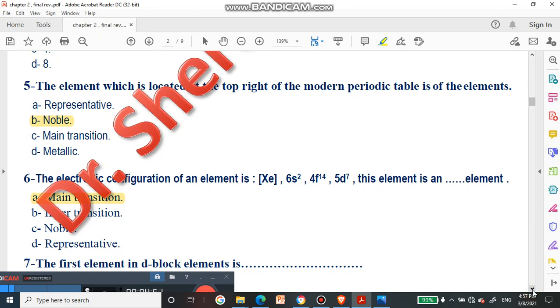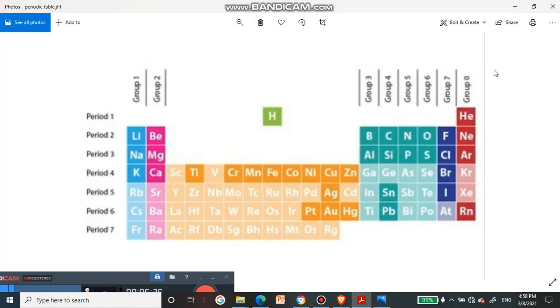If we are talking about the periodic table from left to right, on the left we have metals, in the middle we have transition elements, and on the right side we have non-metals, the representative elements, and at the end noble gas or inert gas. So at the end right of the periodic table we have the group of noble gases, or group 0.